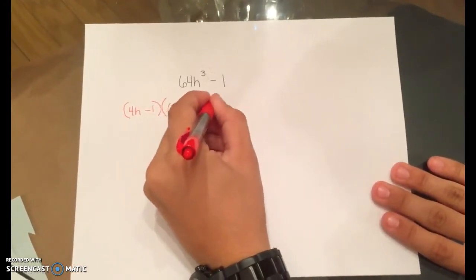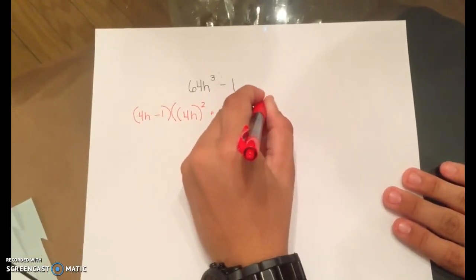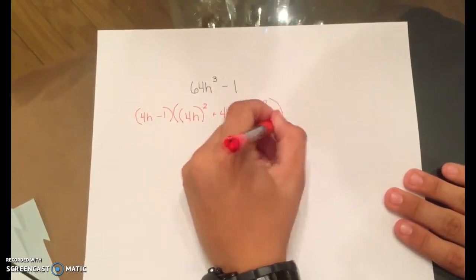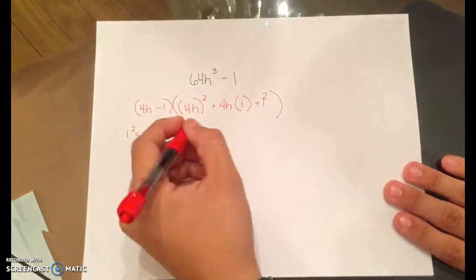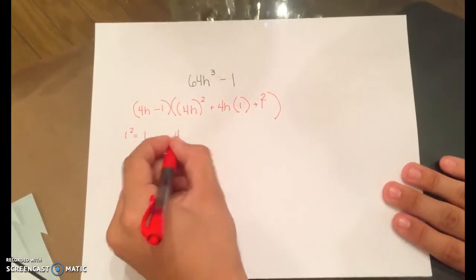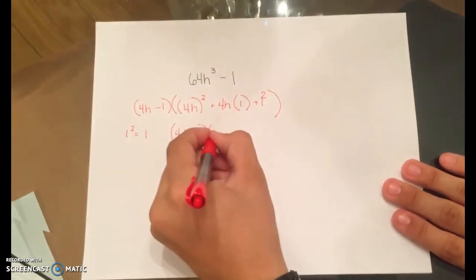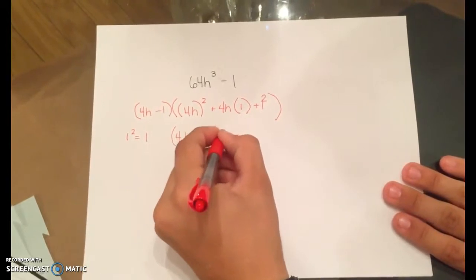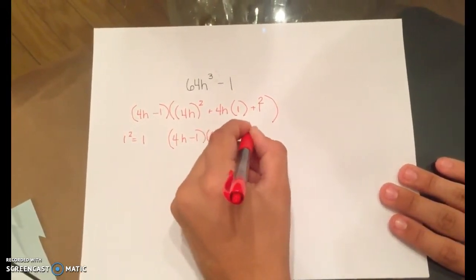You're going to leave that inside, leaving you with the 4h minus 1. And everything being multiplied twice by that 4h. Each exponent is going to be multiplied twice by that 4h. And obviously 4 to the second is 16, which is what you're going to be left with in that parenthesis there.